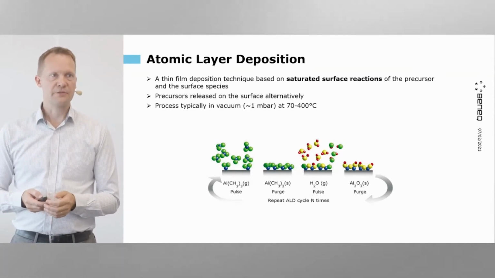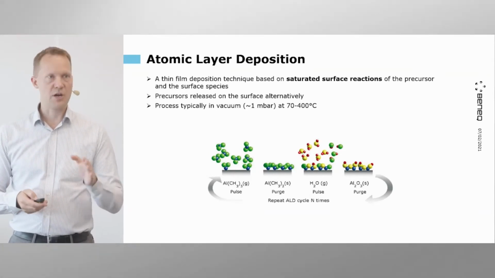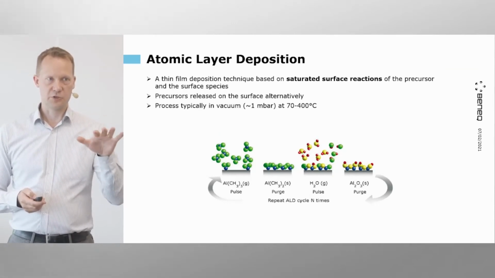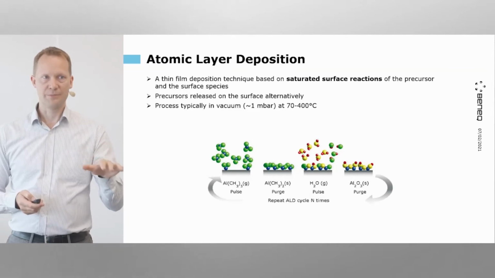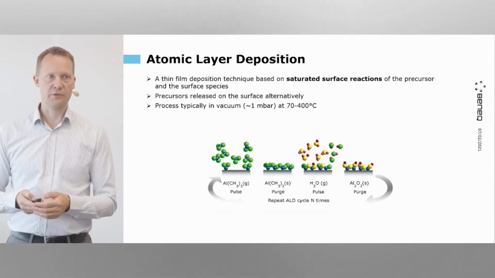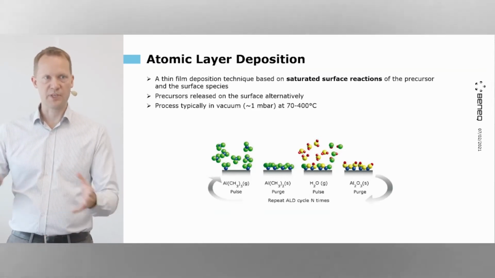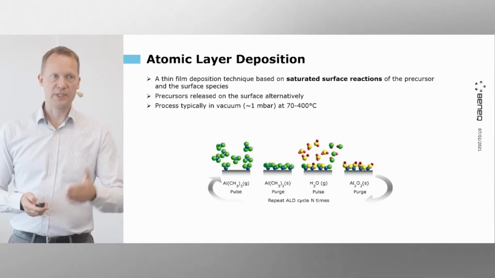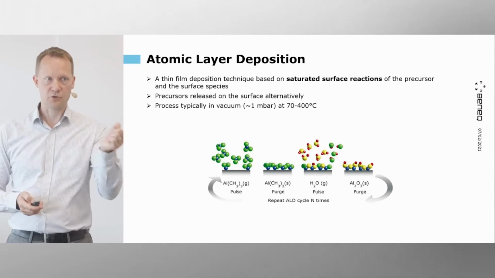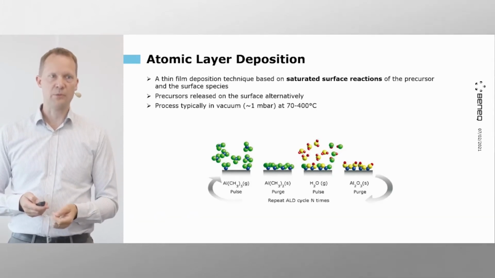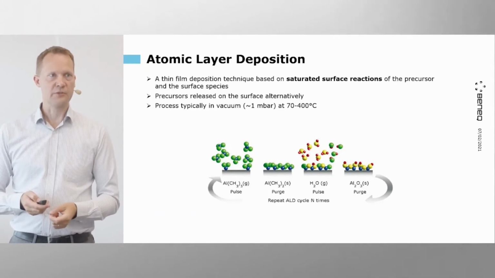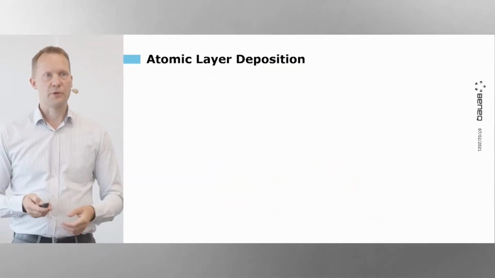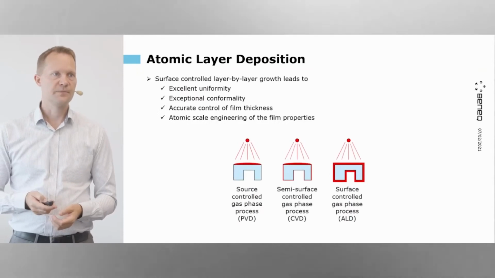And the benefits really can be derived from the growth mode. Because it's surface controlled, ALD will make conformal coatings on whatever the surface geometry is. And we already mentioned that it's slow. Yes, it is, because we are building these atomic layers one by one, and atoms are very small. So it's all coming from the very nature of the process.